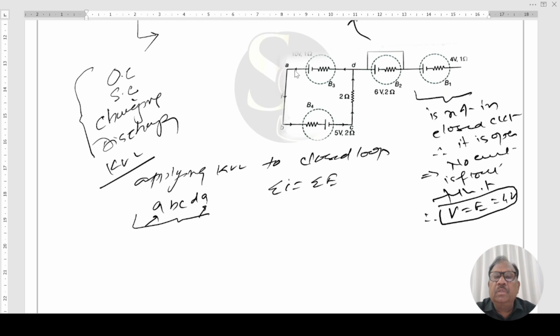Direction of flow of current is this. So this is how much? 2 ohm, I into 2 plus 2 plus 1, that is equal to summation E. This is 10 volt, 1 ohm.